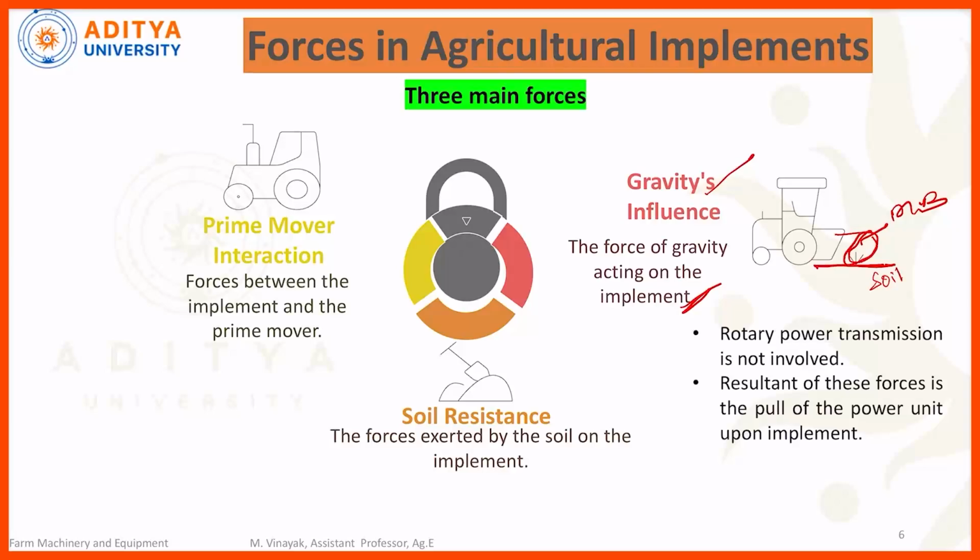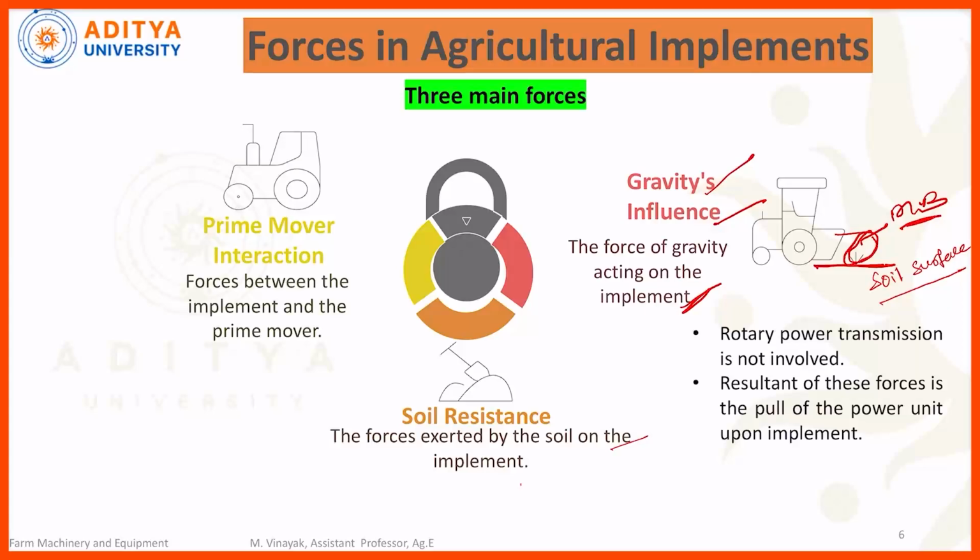This is called the gravity influence force, or gravity force acting on the soil surface. Here we did not apply any hydraulic engagement or disengagement of the levers. Due to the force of gravity, some of the force acts on the soil surface. Next is the soil resistance, the force exerted by the soil on the implement.